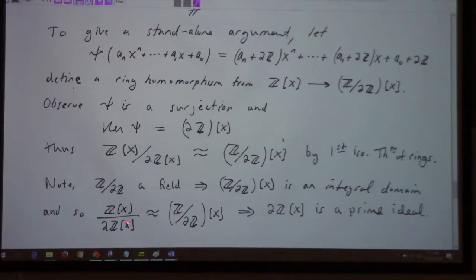But remember, we know that 2Z is a prime ideal. How do I say this?